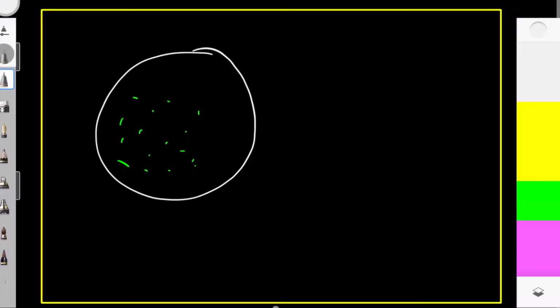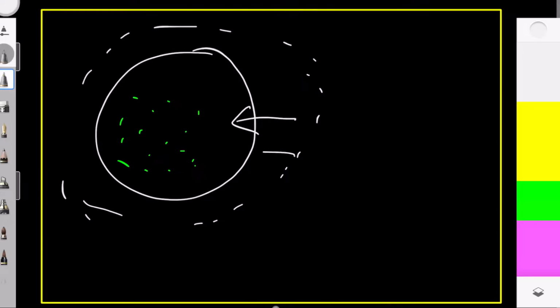Water will enter here. Why? Because if by chance here you have more number of water molecules, the water molecules will move inside from its higher concentration to lower concentration, if you have more number of these molecules.